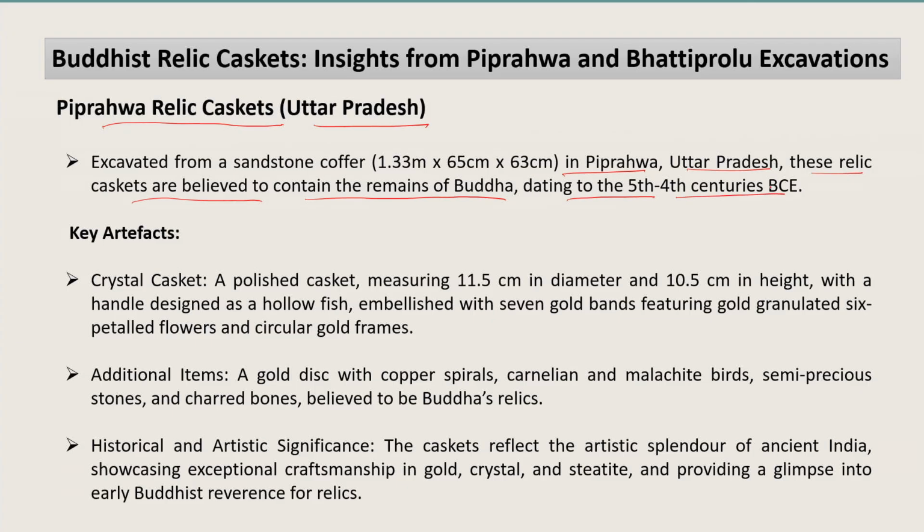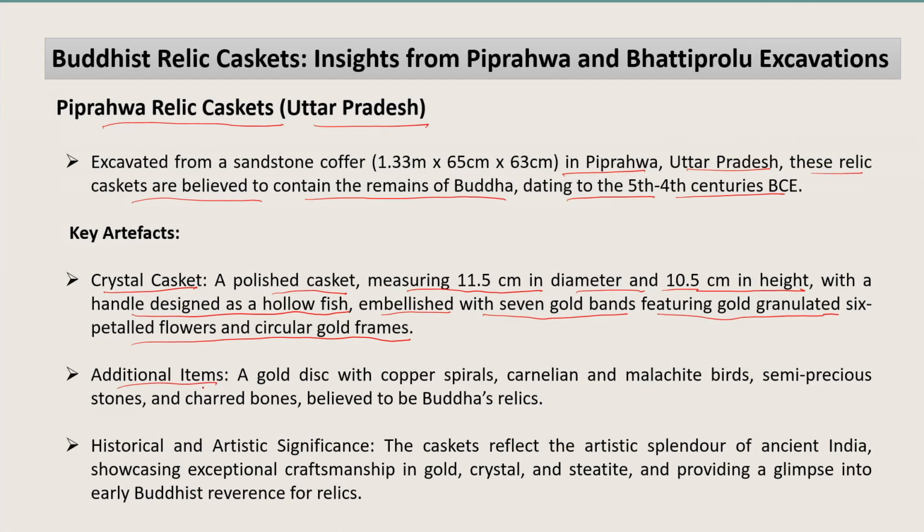The key artifacts include a crystal casket, a polished casket measuring 11.5 centimeters in diameter and 10.5 centimeters in height, with a handle designed as a hollow fish, embellished with 7 gold bands featuring gold granulation, 6-petaled flowers and circular gold frames.